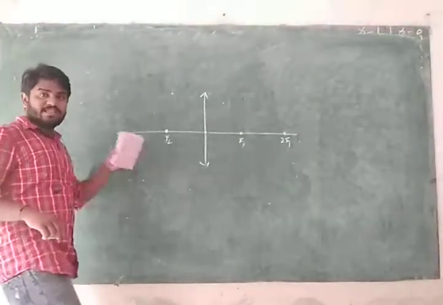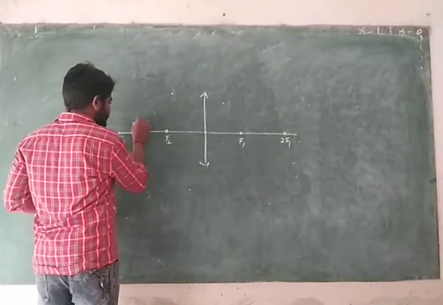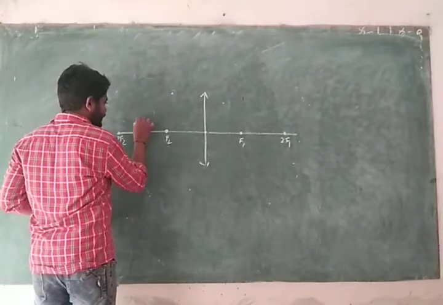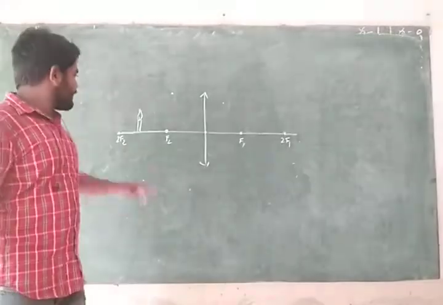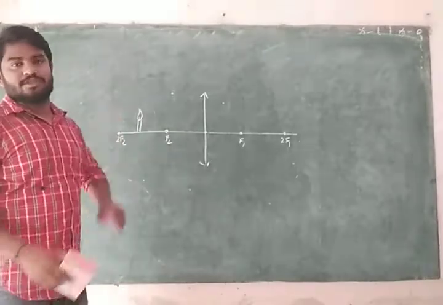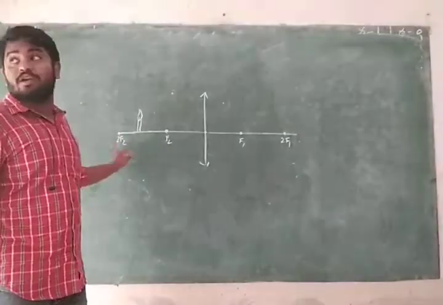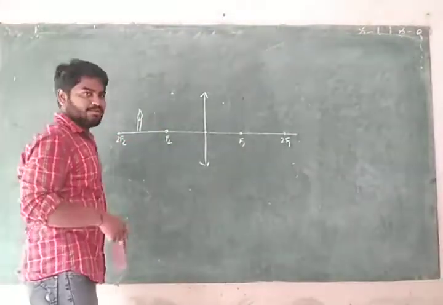Now in this condition, you place the object between the focal point and center of curvature, between f2 and 2f2. Now again, let's draw ray diagrams for it.